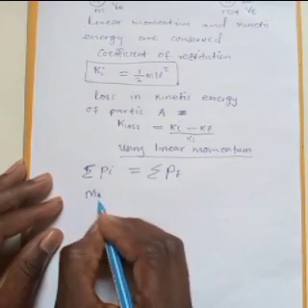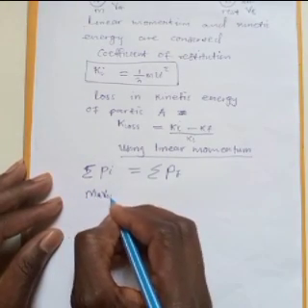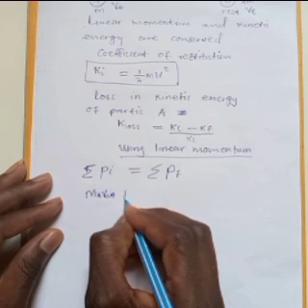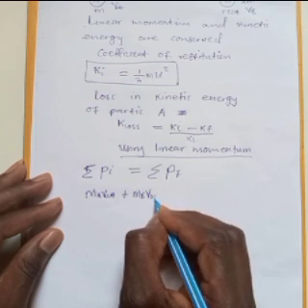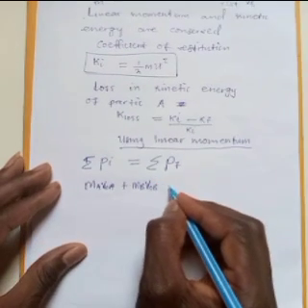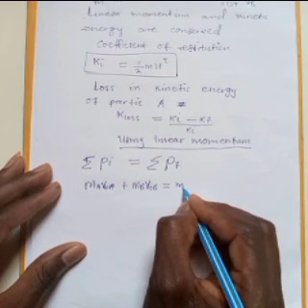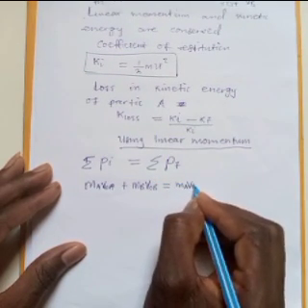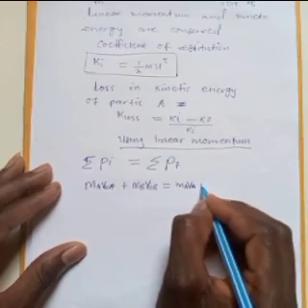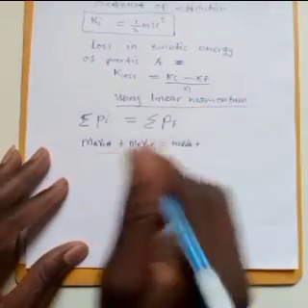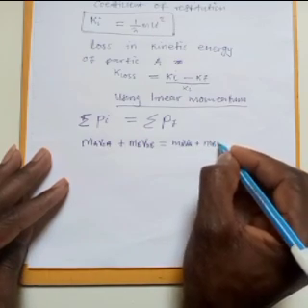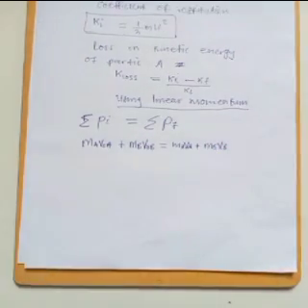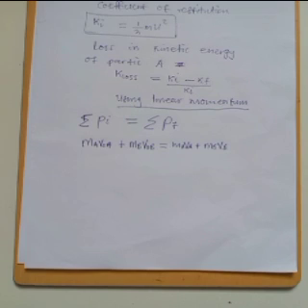So I'll say MA multiplied by the initial velocity of particle A, plus MB multiplied by the initial velocity of particle B, equal to MA multiplied by the final velocity of particle A, plus MB multiplied by the final velocity of particle B. Now, what are we supposed to do next once you reach this point?